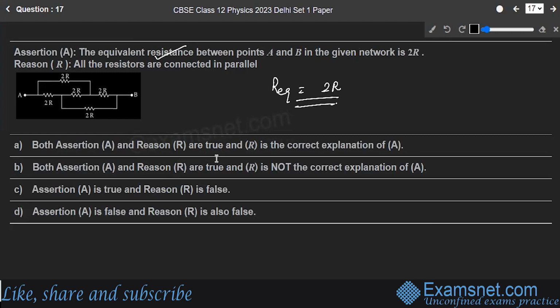Now let's discuss how you get this 2R. You have this point A. Let this point be X, this point be Y, and these points be G and H. Now from here you have A and G, and from A to G you have the resistance.